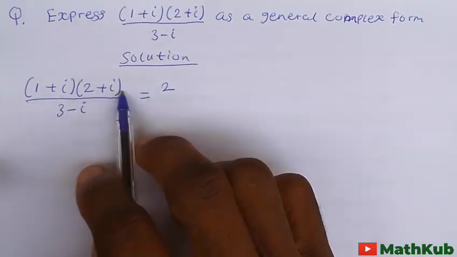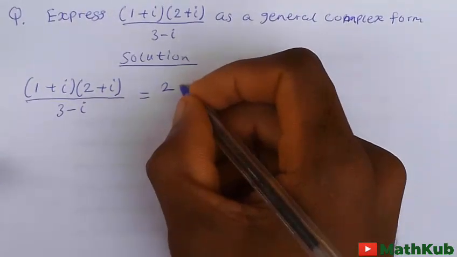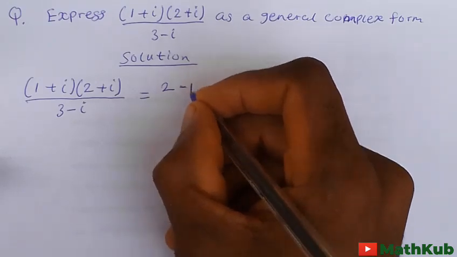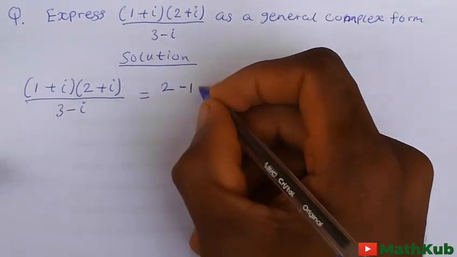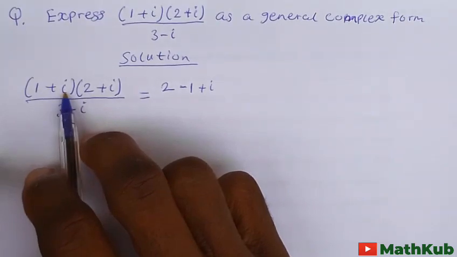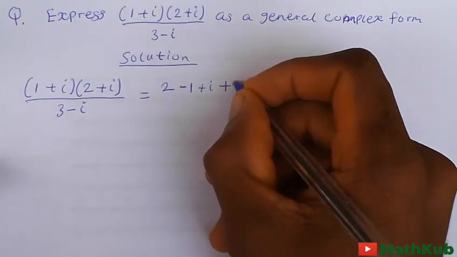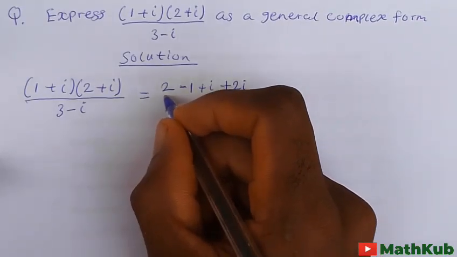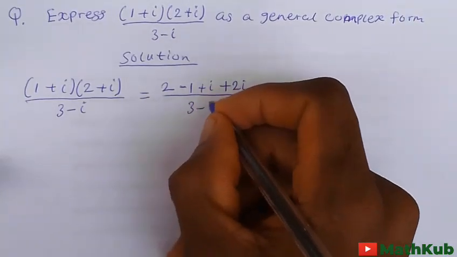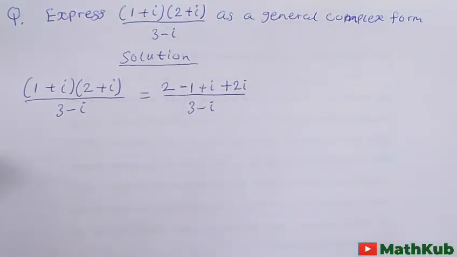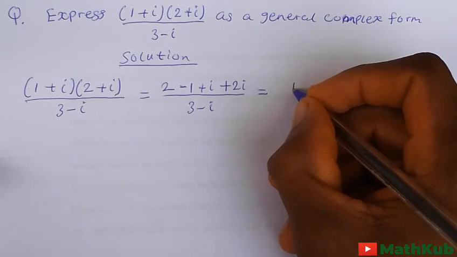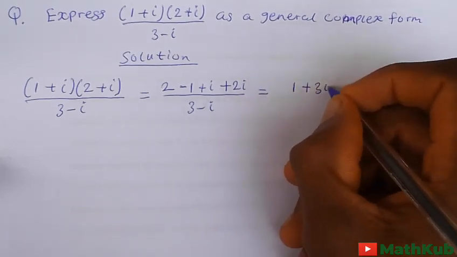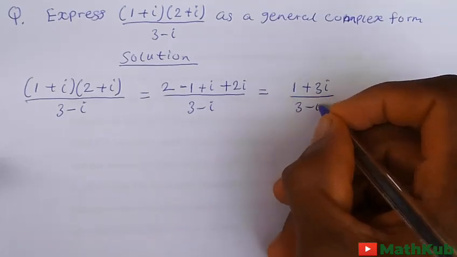Then i times i is minus 1, 1 times i plus i times 2, we have plus 2i, divided by 3 minus i, which is the same thing as 1 plus 3i divided by 3 minus i.